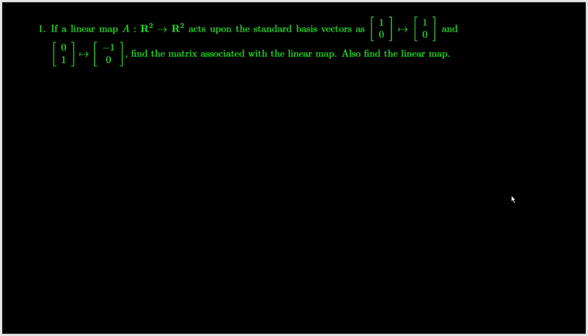In question 1, you do not know the linear map. We are looking for the linear map. Can I use the notation T sub A? How about I just use T for this question.